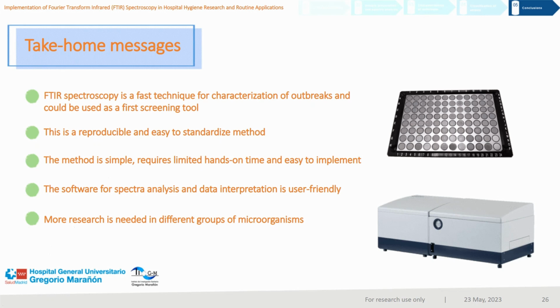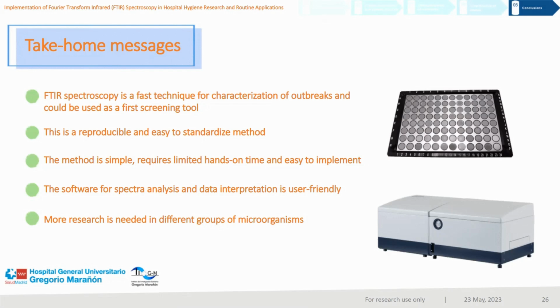So finally, based on all these studies, we conclude that FTIR spectroscopy is a rapid technique with which it's possible to characterize outbreaks, and most importantly, it could be used as a first screening tool before employing more accurate molecular methods that need additional time to generate results. This technique has demonstrated reproducibility and is very easy to standardize, offering simplicity and requiring limited hands-on time.